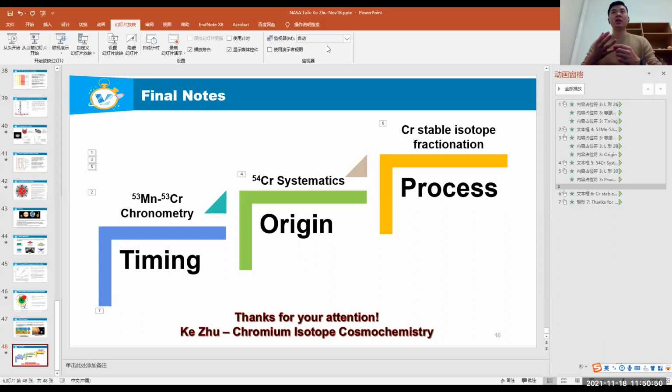Previous studies used nanoSIMS to detect the acid residues from CI chondrites, and they found very tiny particles, maybe only several nanometers, that are extremely epsilon 54 chromium rich. So mostly these tiny phases, maybe tiny chromites, cause the epsilon 54 chromium variability in chondrites.